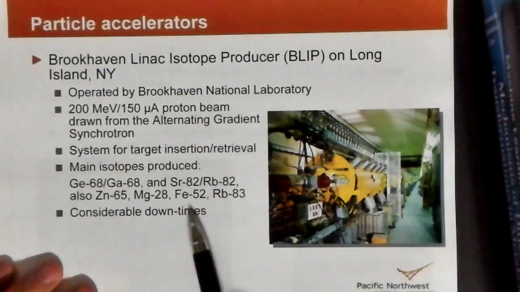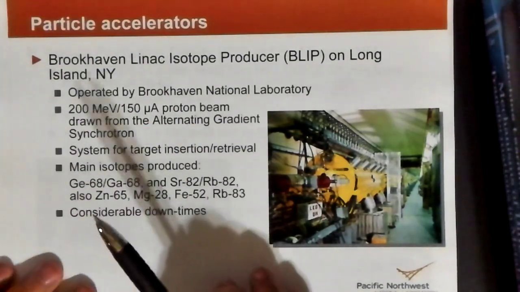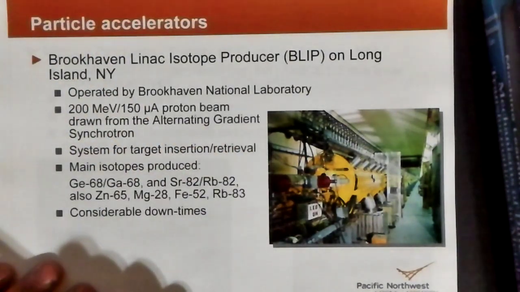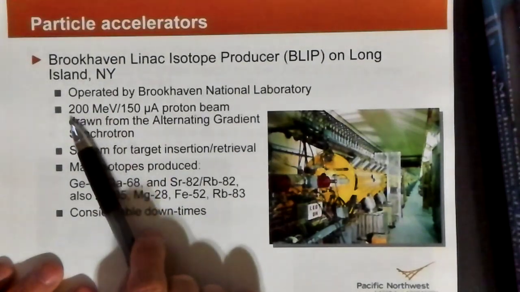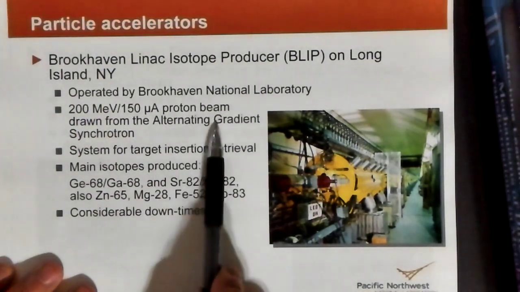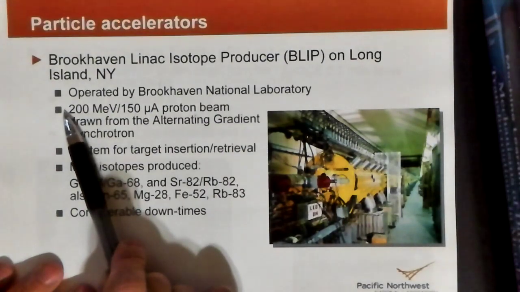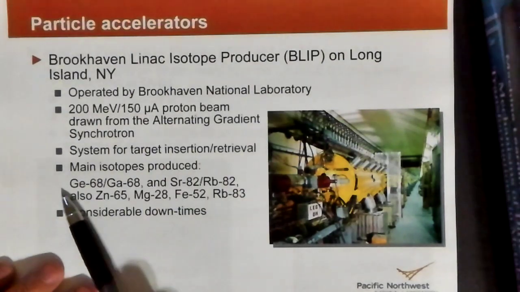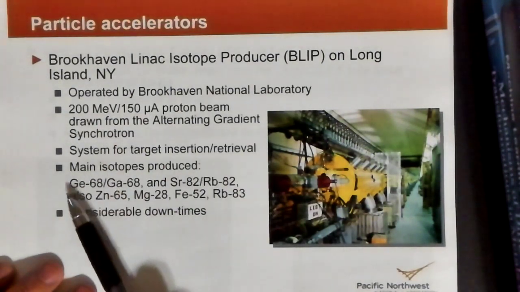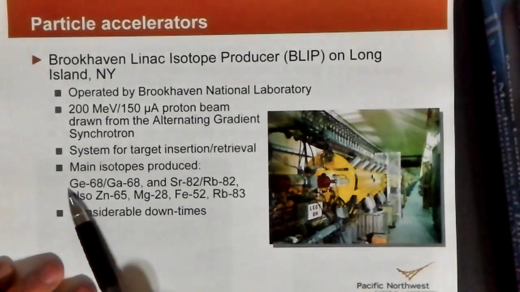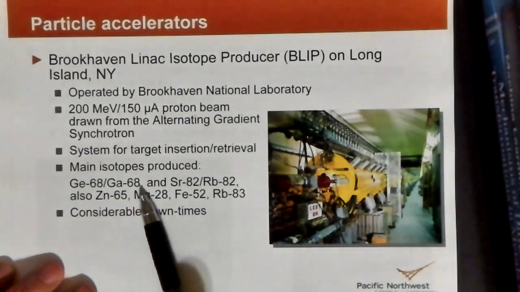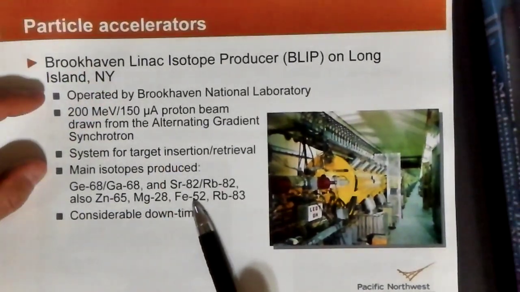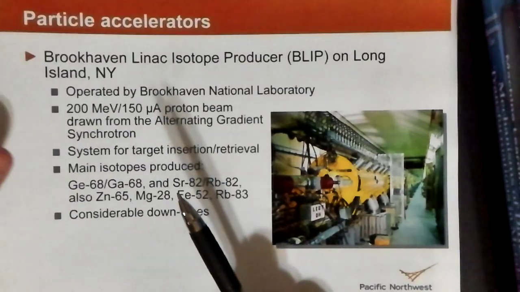Obviously there's some conflict here in that you can't use it for medical isotopes all that often, so there's considerable downtime. But anyway, the AGS will produce a 200 mega electron volt proton beam, and you slam the protons onto a given target to produce germanium-68, gallium-68, strontium-82, rubidium-82, zinc-65, magnesium-28, iron-52, and rubidium-83.